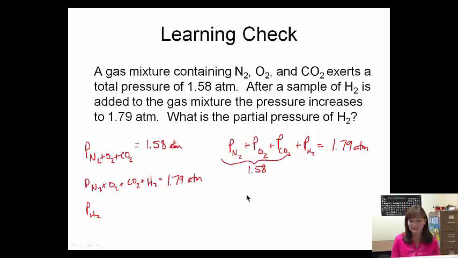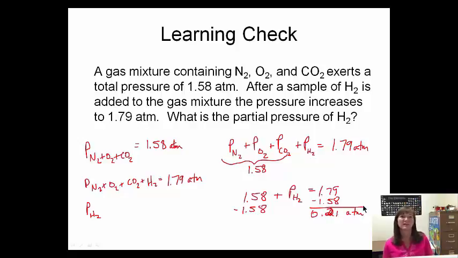So if I reduce this down, I've got 1.58 plus the new pressure coming from the hydrogen equals 1.79. To get the pressure of the hydrogen, all I have to do is subtract the 1.58 from each side. That gives us 0.21 ATM, the pressure coming from the hydrogen.